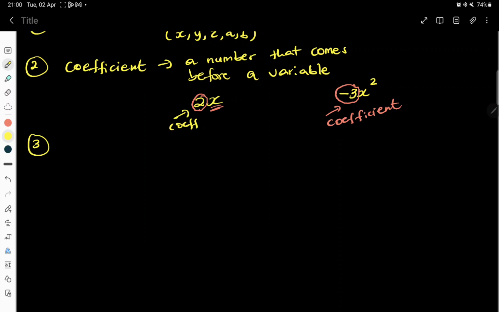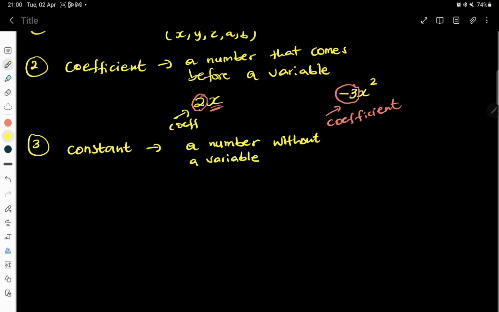And then we look at the third one, which is a constant term. A constant is a number without a variable.